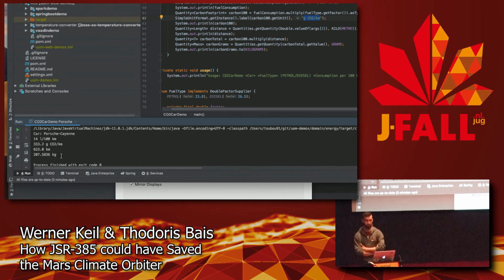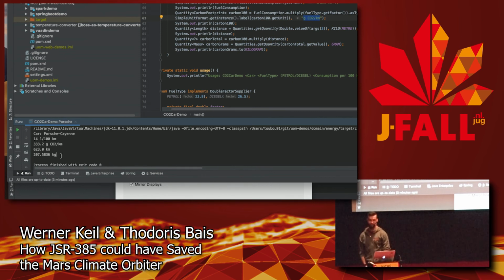Otherwise, it would be interpreted as liters, which we don't want in this case. But as soon as we converted it into a mass, we can then do the conversion and simply say, okay, we want to see it in kilograms, or in the US, you could also do it in pounds.